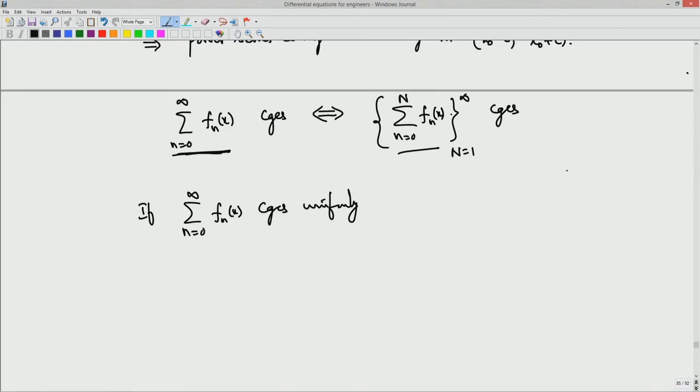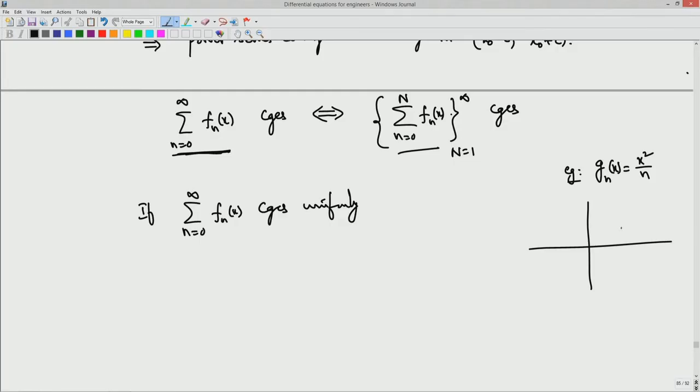A simple example I take is x by n. These are functions. So let us consider f_n(x) as x by n. Okay, let me call it g_n(x). Let me see what it looks like if we plot it on the real line. So let us take x square by n.